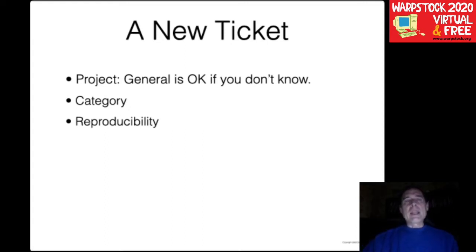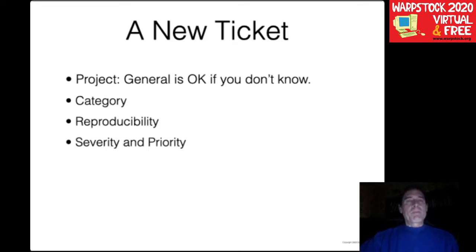The only unacceptable answers for this field are have not tried and unable to reproduce. Have not tried just tells us that you haven't bothered to do even the minimum amount of work before opening a ticket. And if you cannot reproduce the problem, how do you know it's a real problem? After all, what is there to fix?